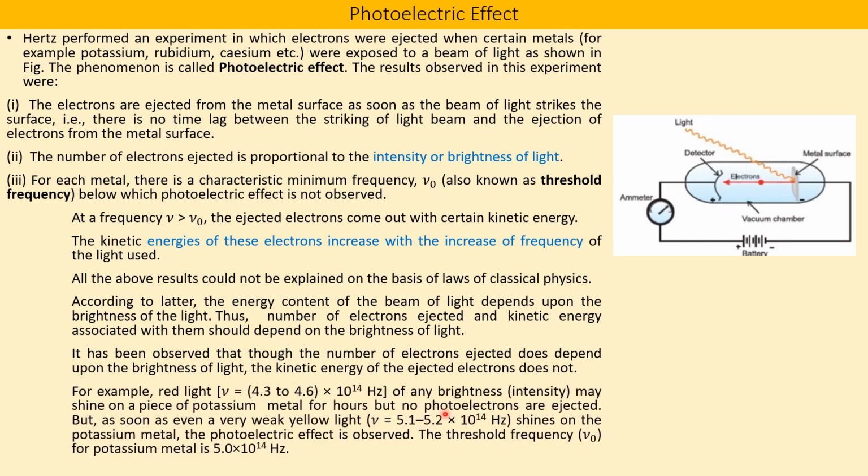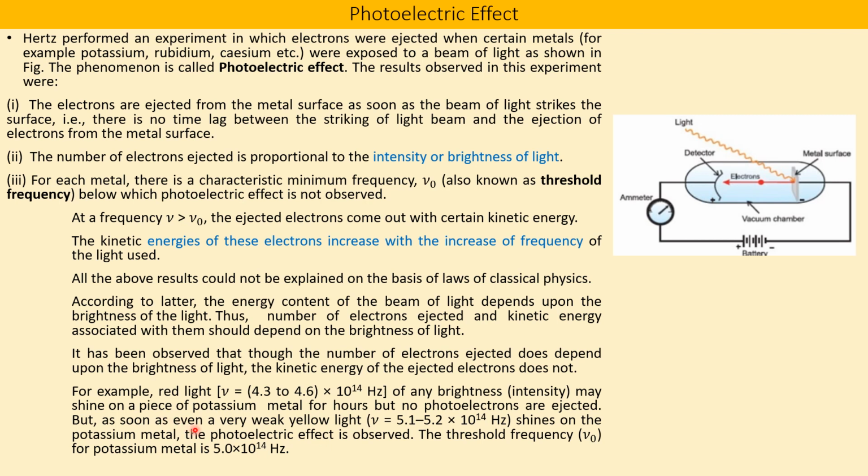on the brightness. For example, red light with nu equal to 4.3 to 4.6 × 10^14 hertz, of any brightness or intensity, may shine on a piece of potassium metal for hours, but no photoelectrons are ejected.